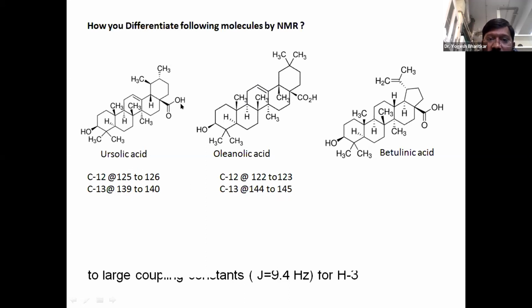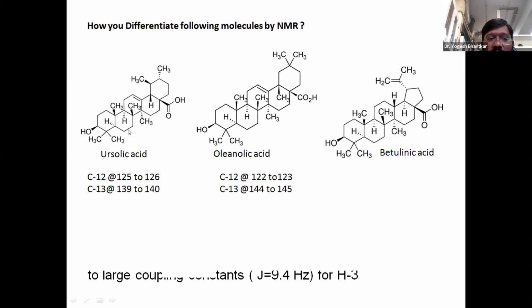Another example: here we get all singlets for the methyls, 1, 2, 3, 4, 5, 6, 7. In this oleanane skeleton we have 7 methyls present, and we get all 7 as singlets of 3 protons in the NMR. We get 7 singlets, but here we get 6 singlets and 1 doublet in the case of the ursane skeleton.